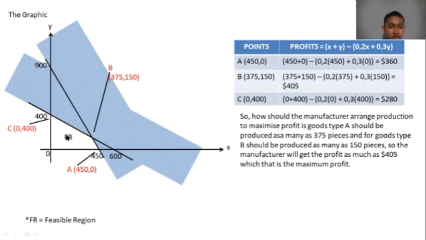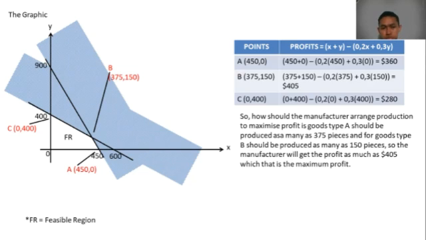And the feasible region is surrounded by 3 points that are point A is 450 and 0, and the point B is 375 and 150, the intersection point, and the point C is 0 and 400.